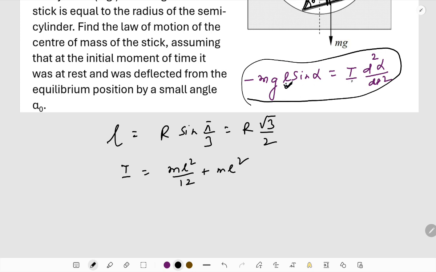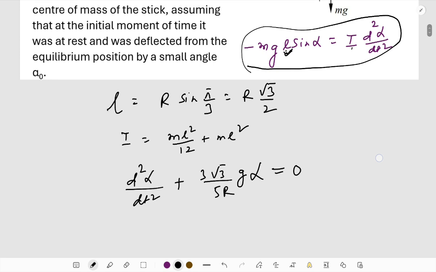You can simply put the value of I, the moment of inertia, in terms of L, and then put the value of L in the resulting equation, and you will get something like I have already got: d2 alpha by dt square plus 3 root 3 by 5r multiplied by g and alpha equal to 0. That is, 3 root 3 g by 5r multiplied by alpha equal to 0.